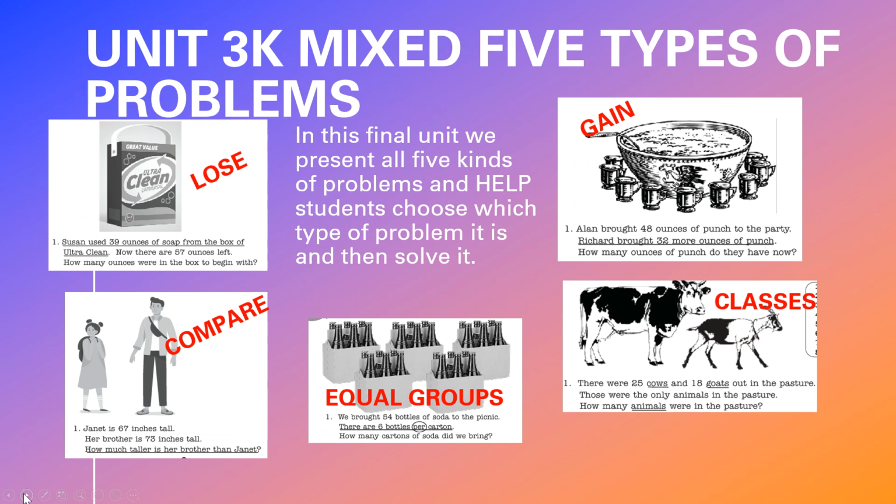Unit 3K mixes all 5 types of problems that have been learned: classification, comparing, gain, lose, and groups of equal size. In step 2, students underline the key information that tells them what kind of problem they're looking at. Step 3, they decide if they're looking at groups of equal size and therefore need to set up a multiplication number sentence, or one of the other types of problem and set up an addition number sentence.